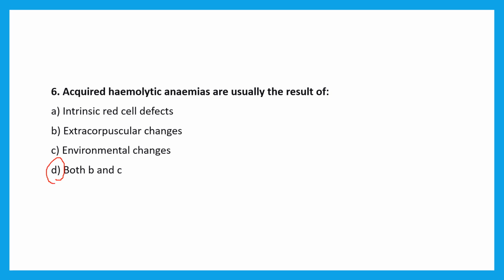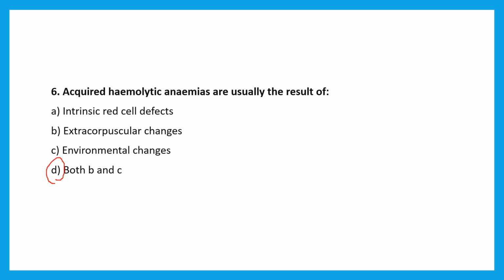We also need to take note that environmental or immune-mediated changes and extracorpuscular changes can all cause acquired hemolytic anemias. The best example of immune-mediated is the autoimmune hemolytic anemia.